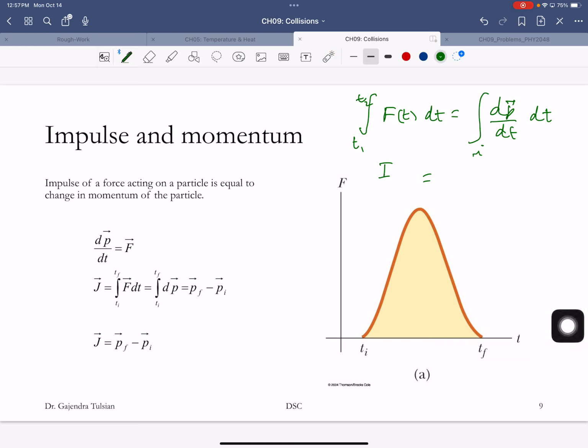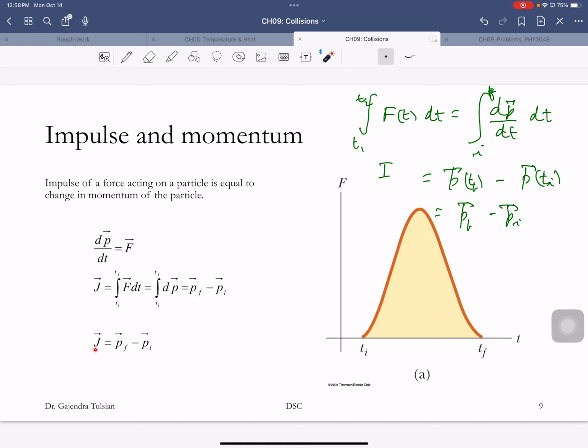You know from the fundamental theorem of calculus that's just equal to momentum at the final instant minus momentum at the initial instant. So final momentum minus initial momentum: the momentum of the object before the force came into play, and the momentum of the object after the force did its job. So impulse is equal to change in momentum.